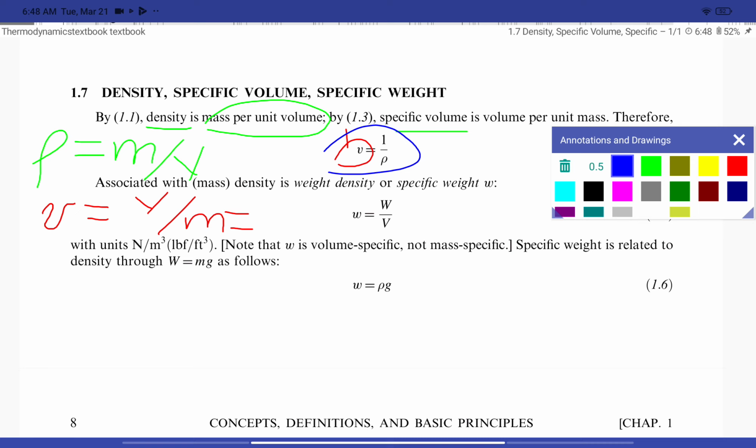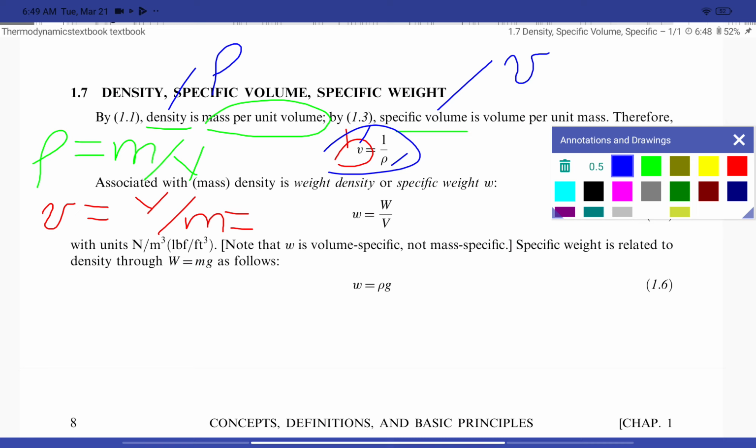That is the difference between the density and the specific volume. Specific volume symbol is small v, and the density symbol is this guy here. That is density, and this guy here is specific volume.